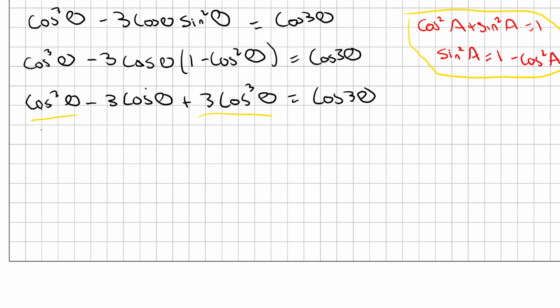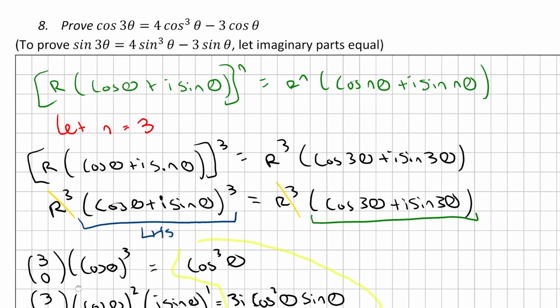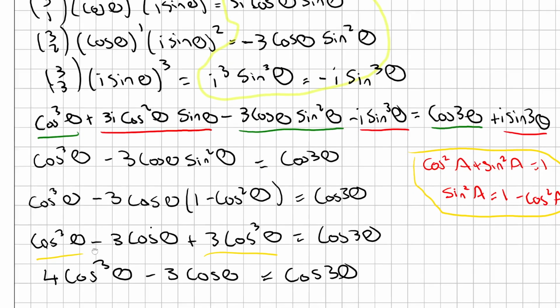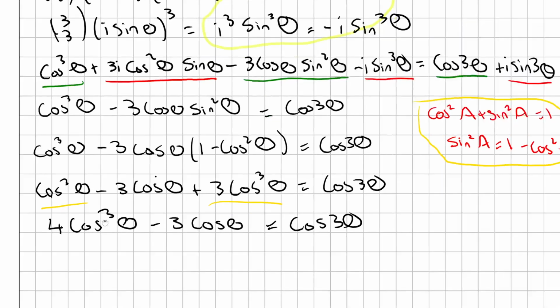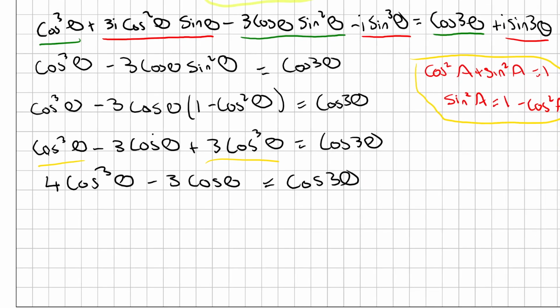So 1 cos cubed theta plus 3 of them is 4 cos cubed theta minus 3 cos theta, and that's equal to cos 3 theta, which is what we were trying to prove at the beginning. And if you were trying to prove the sine one, all you would do is the exact same steps up to this step, and instead of letting the real equal to the real, we'd have left the imaginary equal to the imaginary.